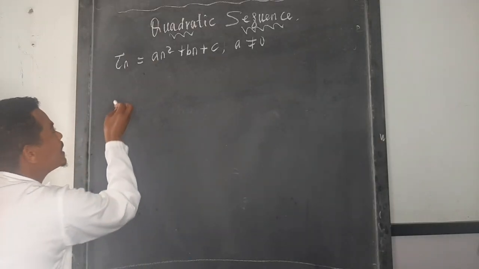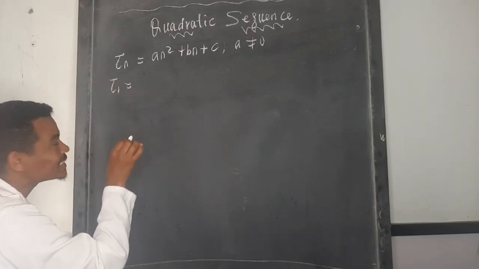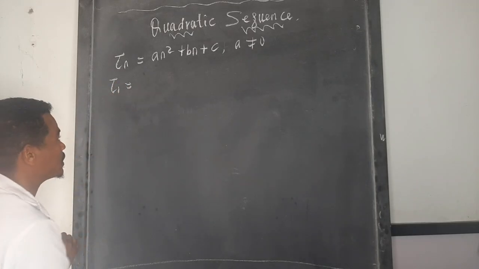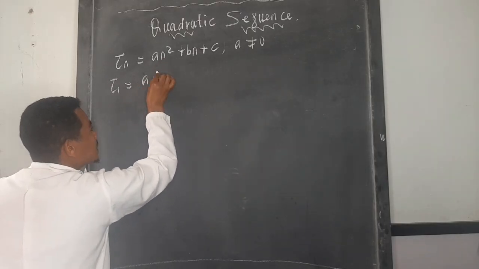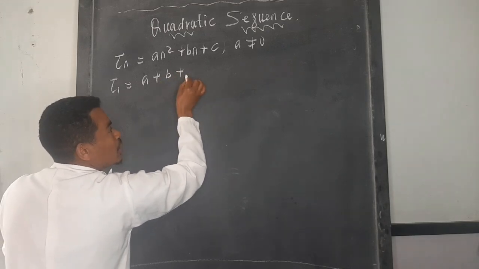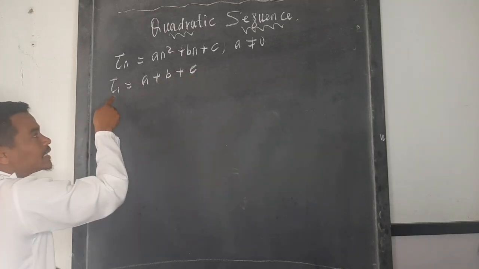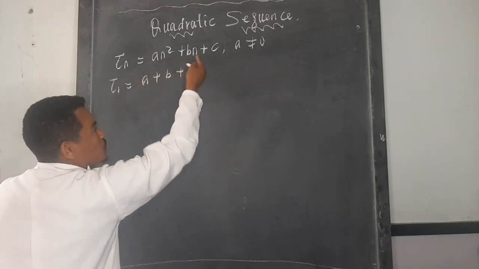Now let's find T1, the first term of the quadratic sequence. T1 means a times 1 square, which is 1, plus b times 1, which is b, plus c itself.